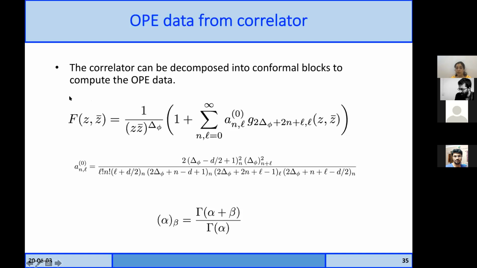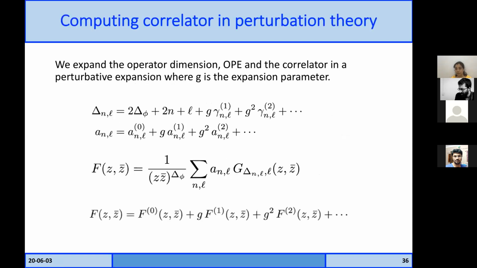Now we know the expansion of this, and we can compare the left hand side and the right hand side in small Z, Z bar, and we can actually compute this. So this is an indirect way of computing the OPE data. You first compute the correlation function, and then you decompose it in conformal blocks, and then you end up getting the OPE data. So that's all for the mean field theory.